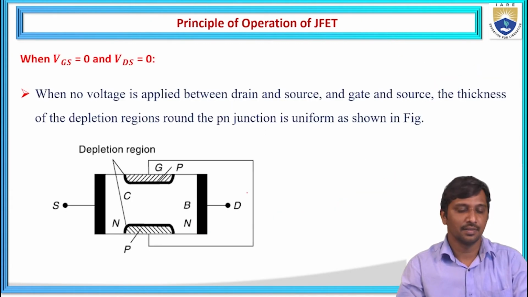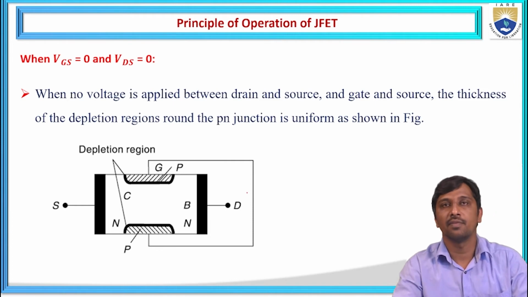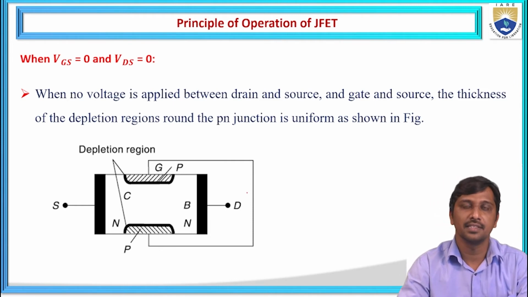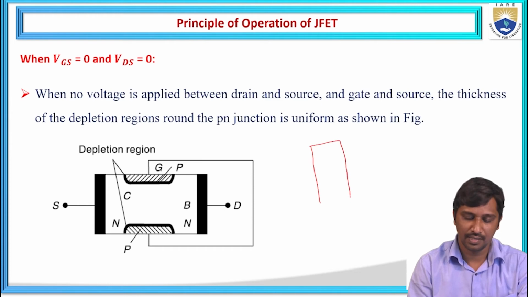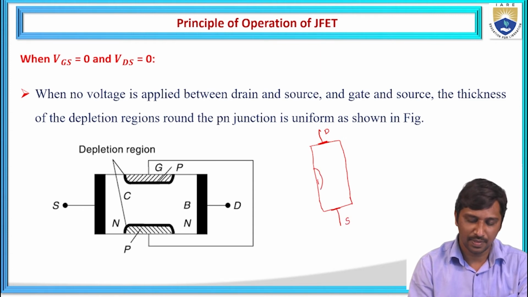So let us consider what happens when VGS is 0 and VDS is 0. Here I represented the N-channel JFET, with the drain side and the source, and this is P plus.